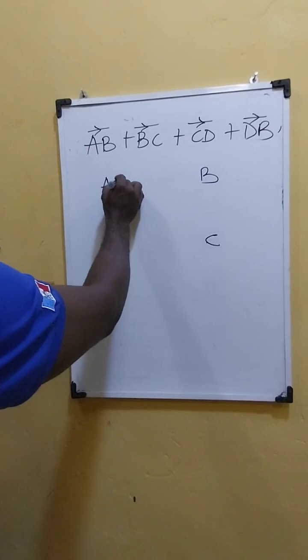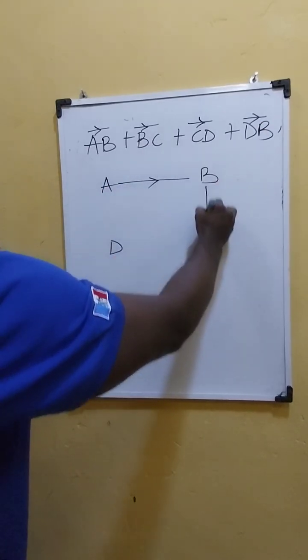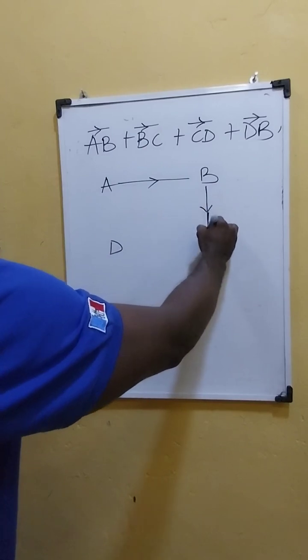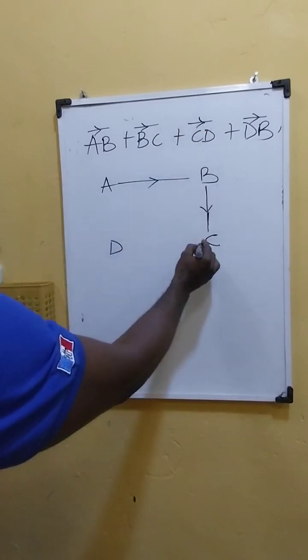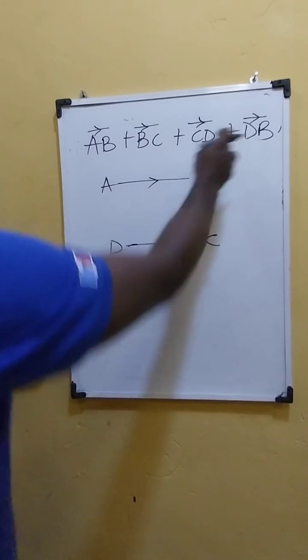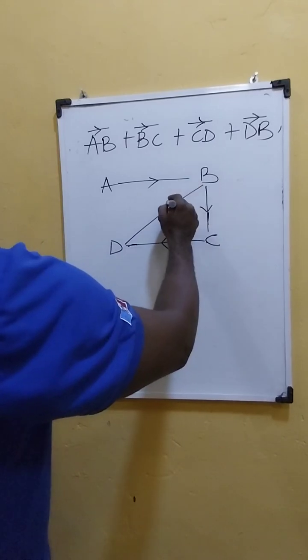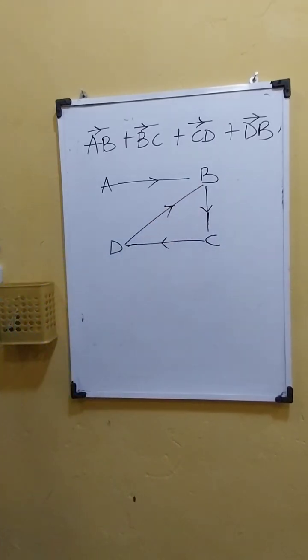So let's get the movement now. BC, CD, DB. So you see the way the vector is moving now.